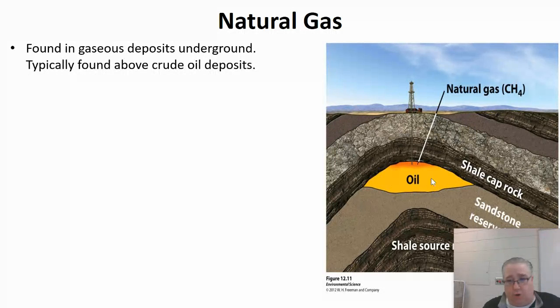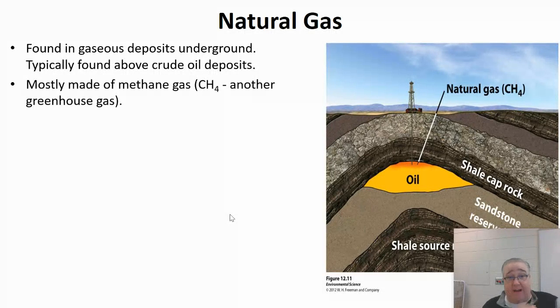Now, the crude oil that's underneath the surface, right above that crude oil, you'll notice this orangish color. That's where the natural gas is found. The natural gas is typically found right above the crude oil deposits. So as they're drilling for oil, they're indirectly able to access those natural gas deposits.